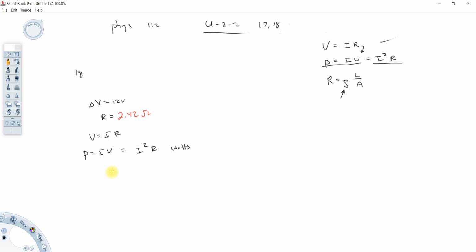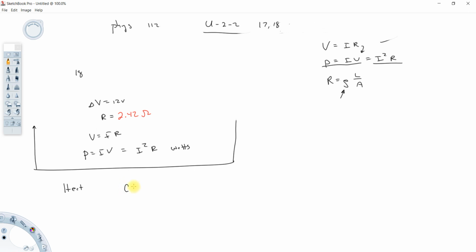Let's see, part B. How many minutes will it take to heat up some coffee? So remember from Physics 1, we just kind of barely got to this, but heat is energy transfer due to temperature changes. And the relationship between heat and temperature, they're related by what's called the specific heat.